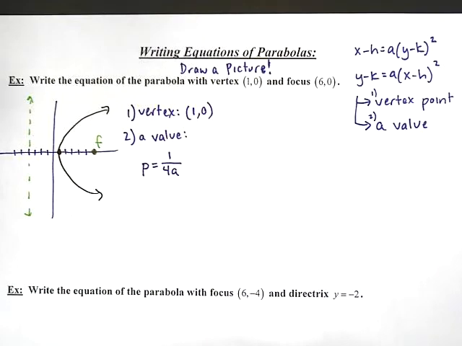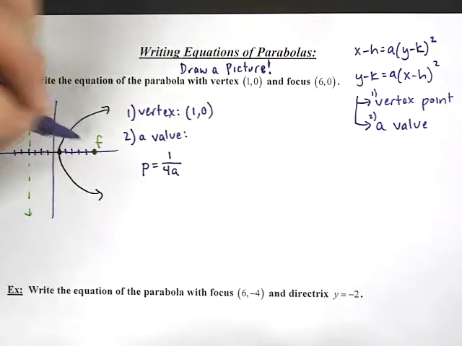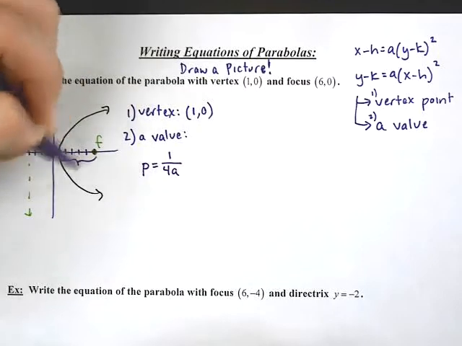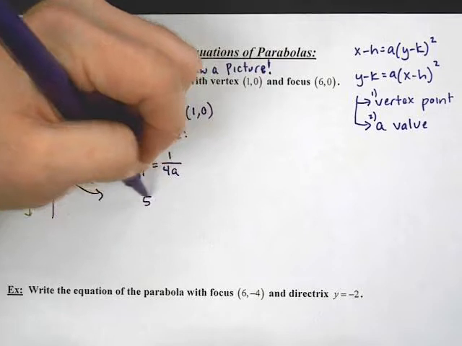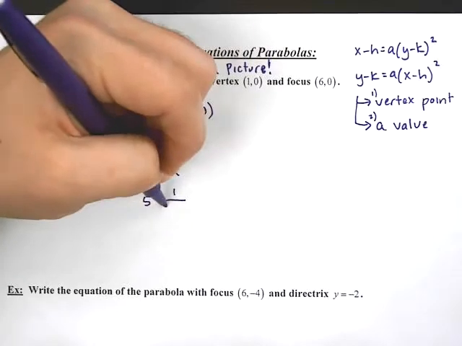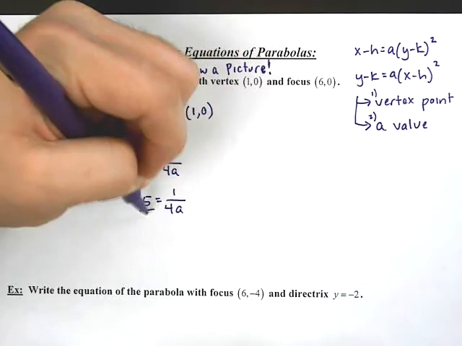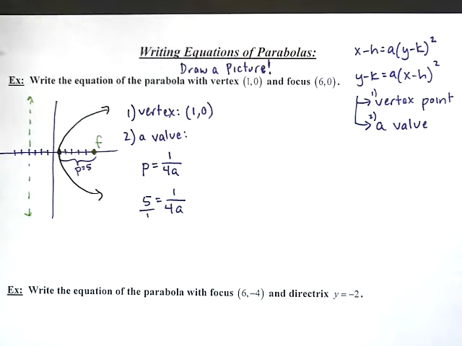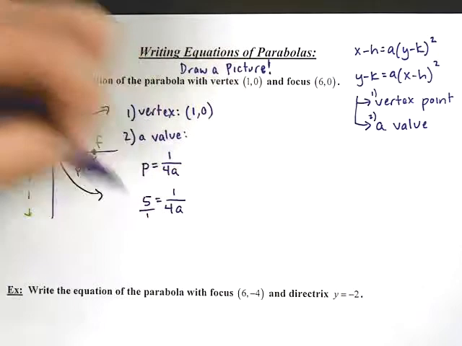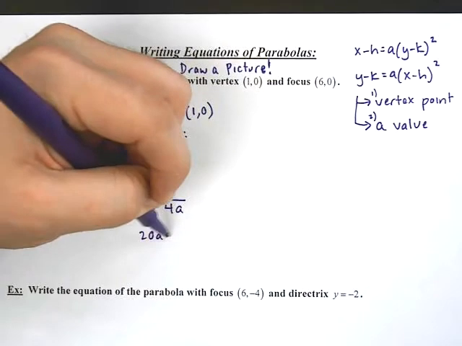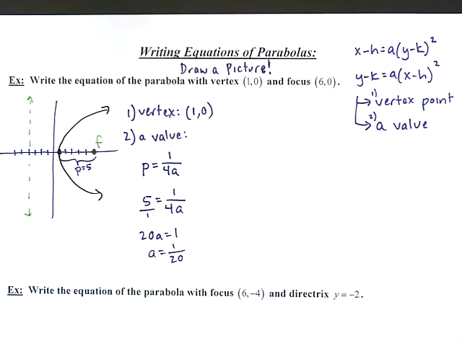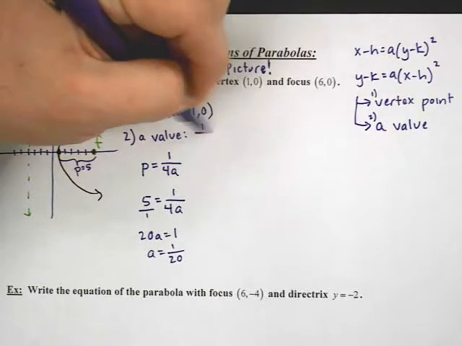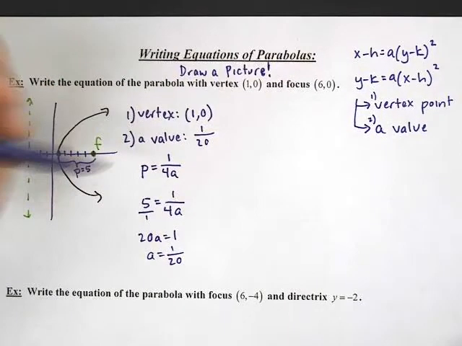In this case, with p equaling 5, I can plug in and cross multiply. So when I do that, what do I get? I get 20a equals 1, or a equals 1/20. Now that I have my a value, and I already had my vertex, now I can write my equation.